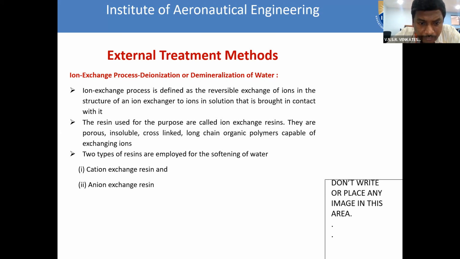First, it is porous; second, insoluble; third, cross-linked; and fourth, long chain organic polymers capable of exchanging ions. Generally, long chain means polymers. So this is the basic introduction to the ion exchange process and types of ion exchange.